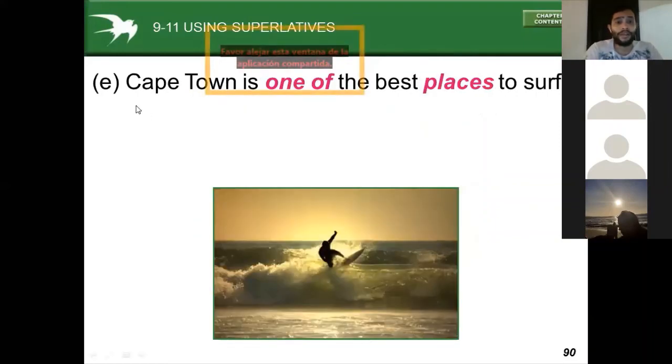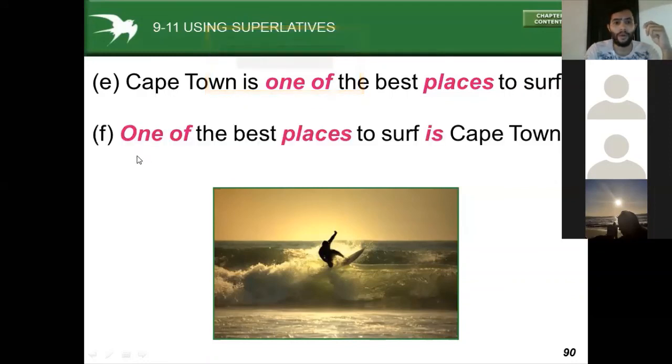One more thing that you guys must take into account is whenever we use one of here. Cape Town is one of the best places to surf. Whenever we use this one, the verb is always going to be the verb be. Why? Because you are speaking not about many places, all the places. No, you are only speaking about one place. In this case, Cape Town, right? So one of the best places to surf is Cape Town.